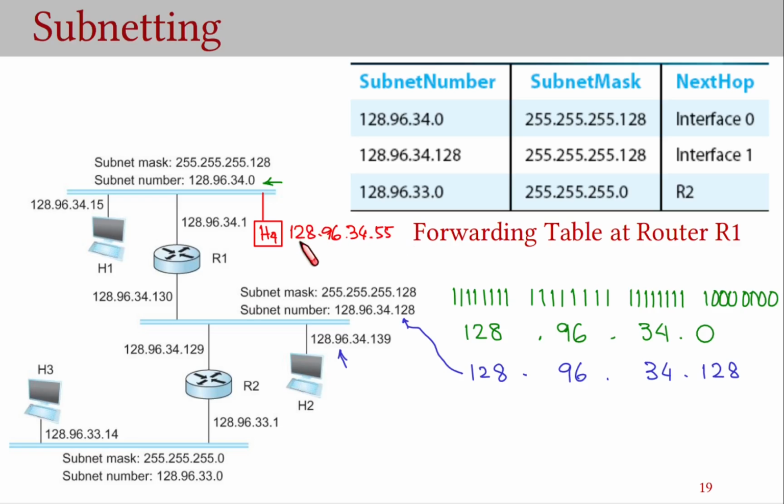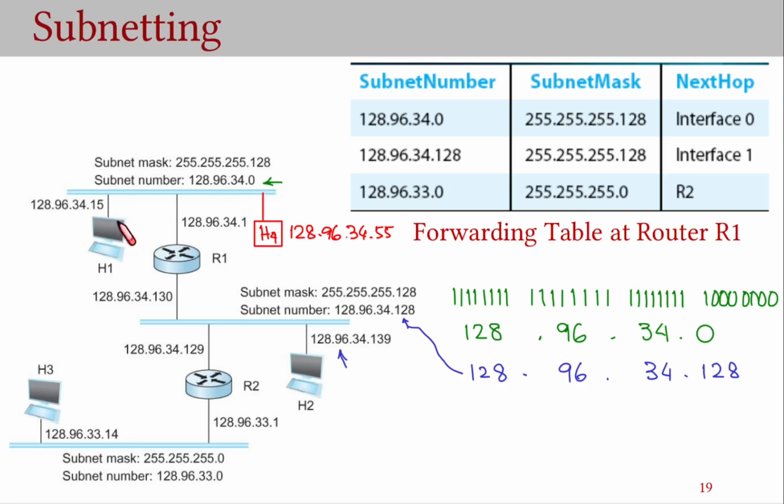It's going to figure out the subnet number corresponding to this IP address, and in this case, since they are on the same subnet, it's going to give the same subnet number, and therefore the forwarding would take place directly. So H1 would directly send this datagram to H4.